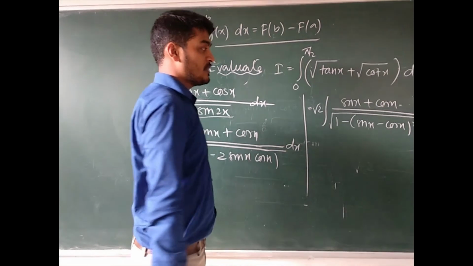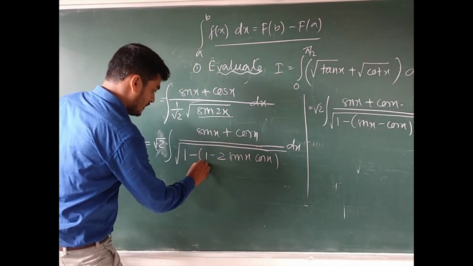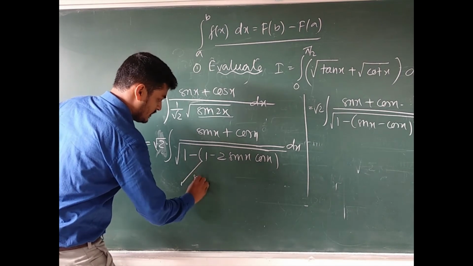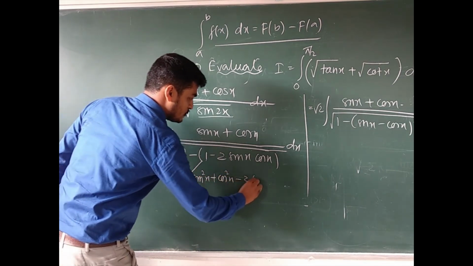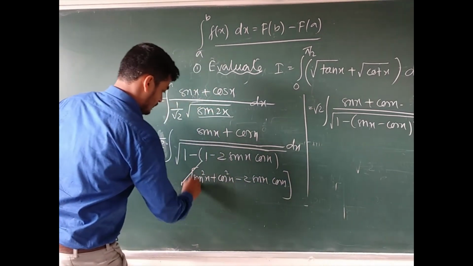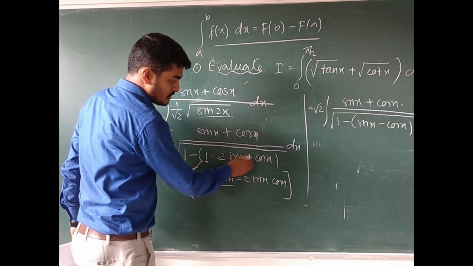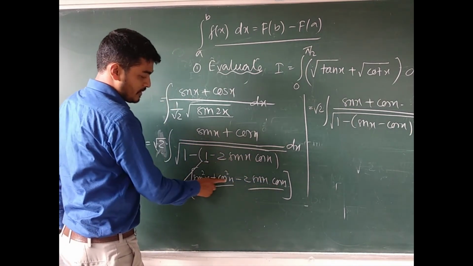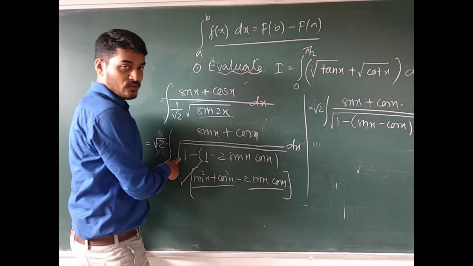Here sin square x plus cos square x minus 2 sin x into cos x, sin square x plus cos square x is equal to 1 minus 2 sin x cos x. So a square plus b square minus twice ab gives a minus b whole square, 1 is already there.